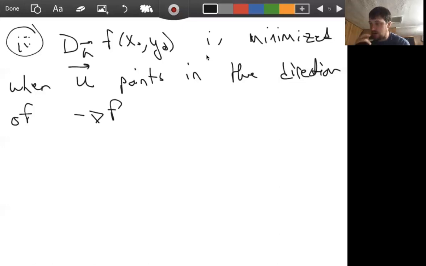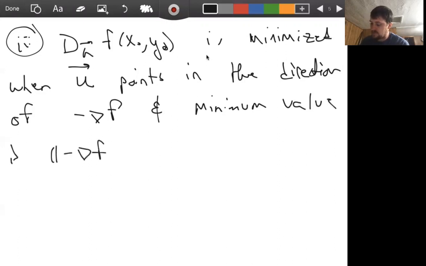So the negative gradient, right? Which is the gradient just in the opposite direction, like by rotation of pi. And the minimum value is the magnitude of negative the gradient at the point.